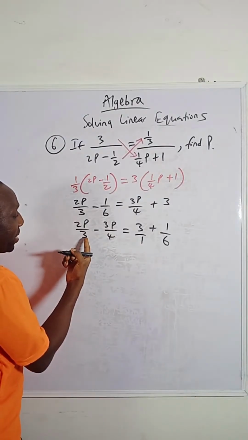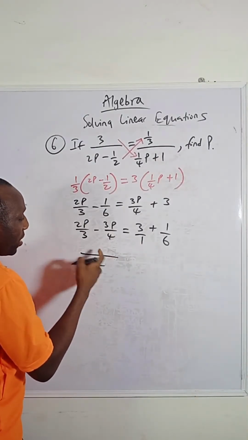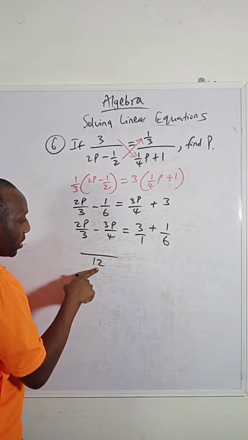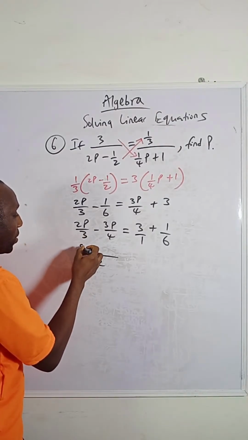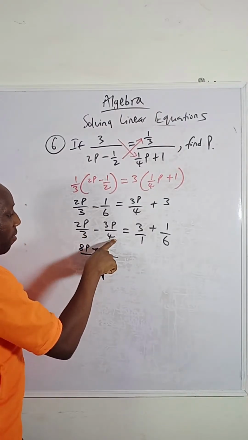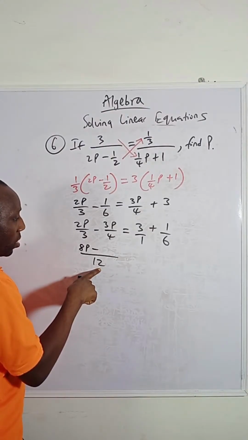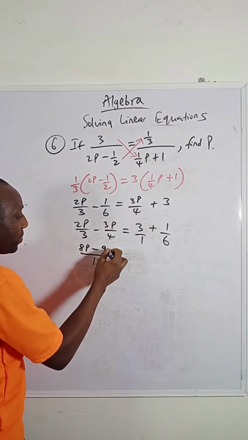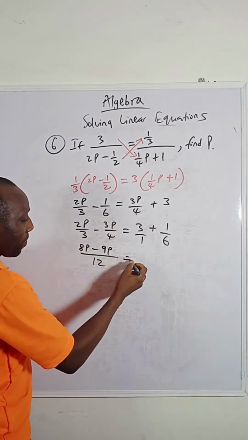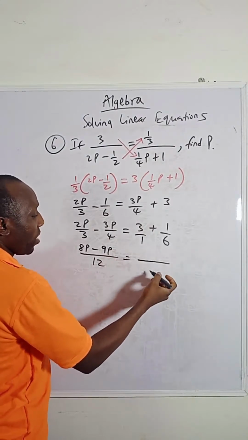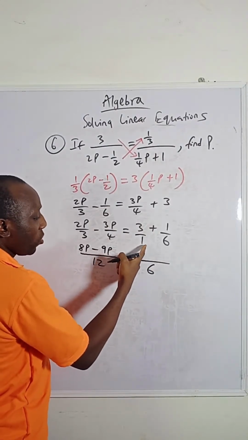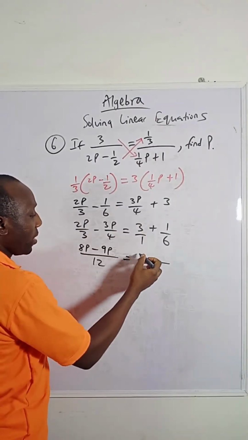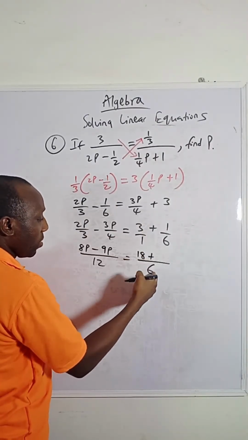Let's find the LCM of 3 and 4, which is 12. 3 goes into 12 4 times, 4 times 2p is 8p. Minus 4 into 12 is 3, 3 times 3p is 9p. Are you with me, people? LCM of 1 and 6 is 6. 1 into 6 is 6, times 3 is 18, plus this is 1.